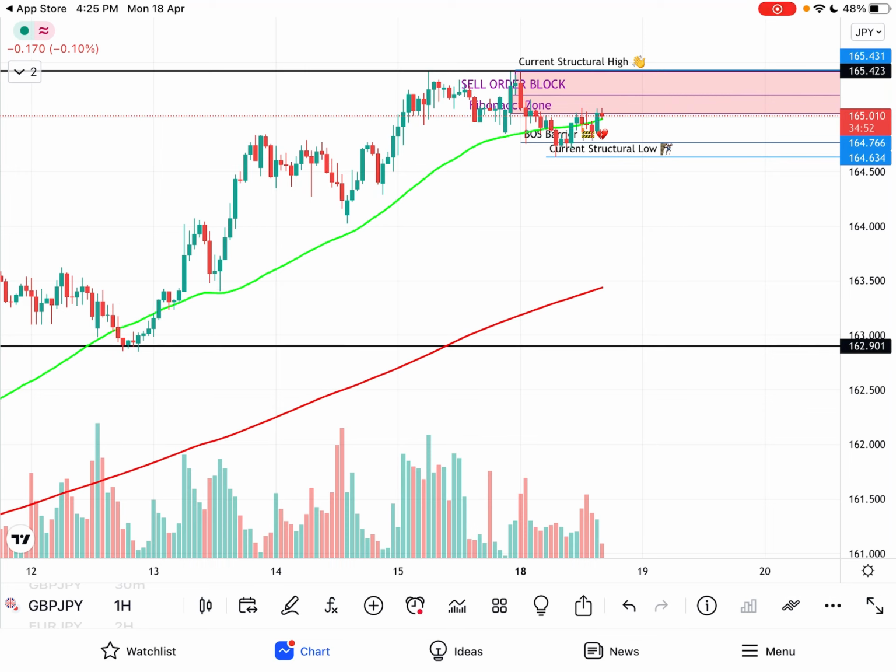Okay, so now we have what? The 50 and the 200. So the red moving average is the 200 and the green moving average is the 50. And you can see that price stayed above the 50 for some time, and now we have price closing. You see this bearish red candle, it closed below the 200, it closed below the 50 moving average.